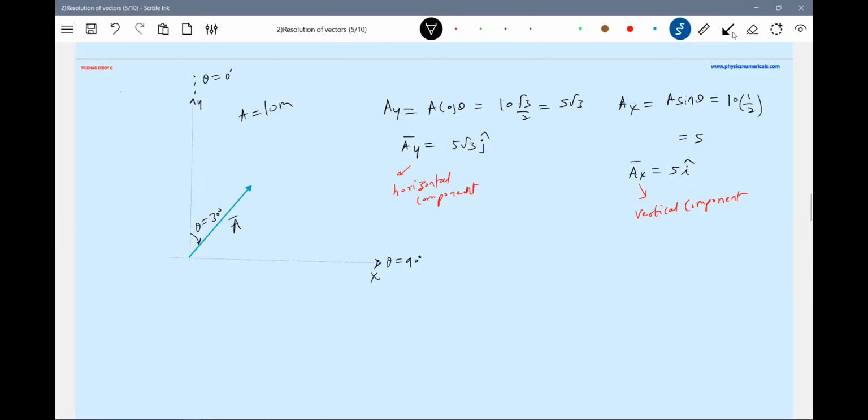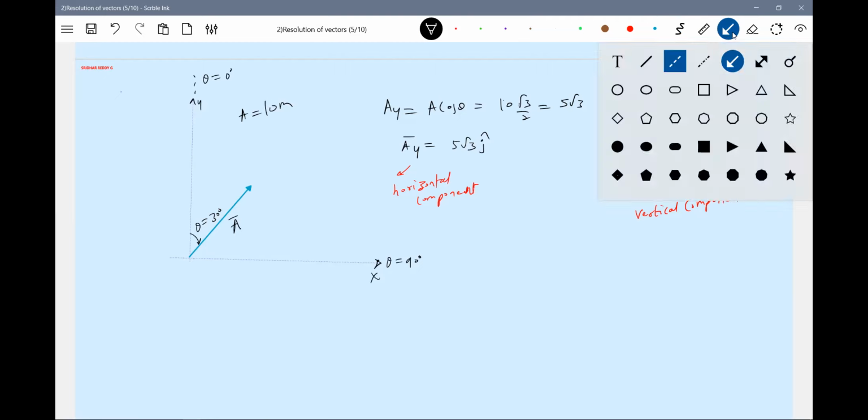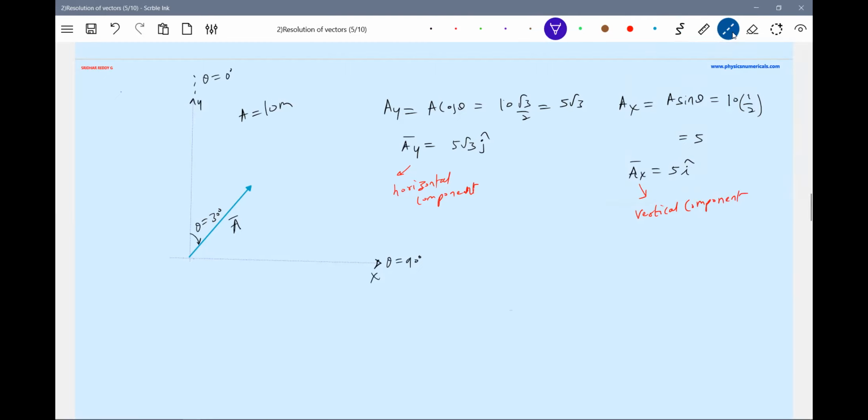What is the total vector A bar? Let's get into that. So when you split up A bar, what do you get? I'll bring one more diagram. Here you will get AX bar, this is AY bar, and this is A bar.